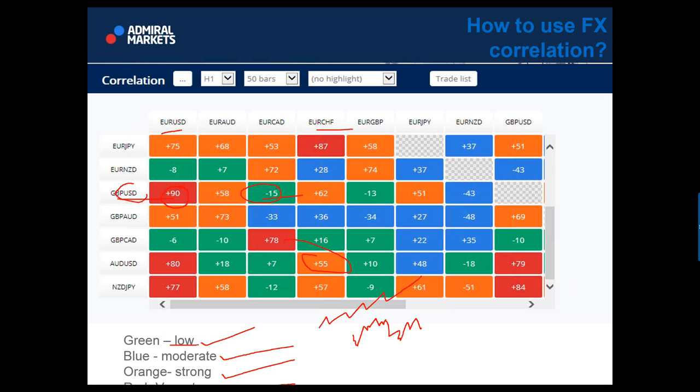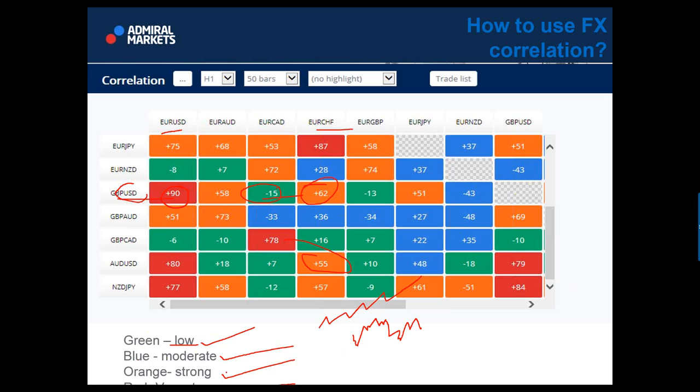So that is a low correlation. It tends to be a little bit negative. Good. If I open with Euro Swissy, then that is maybe a problem. Because if I have a long on GBP dollar, most of the time during this day, Euro Swissy will go in the same direction. Well, what if I'm wrong with GBP dollar? It can go, but usually it will follow it and it will be a double loss.